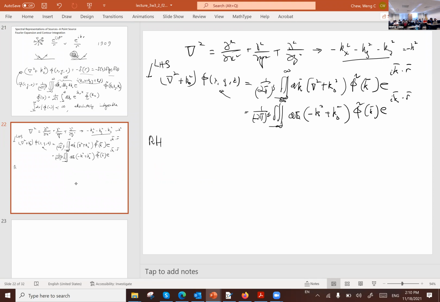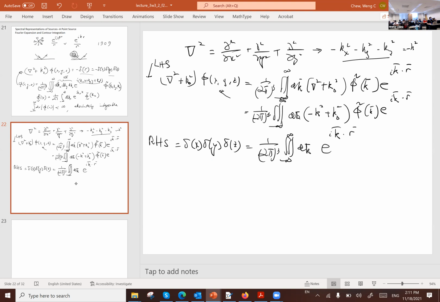The right-hand side, I want to write it in a similar way using Fourier transform, and if I write it three times over, you see that the right-hand side can be just written in this manner. It's a 3D Fourier transform with e to the ik dot r repeated three times. Okay, can you see that?